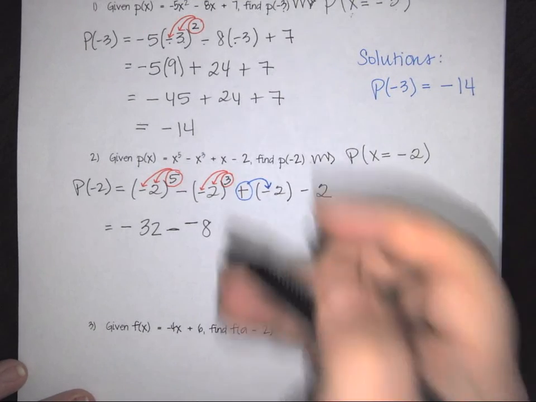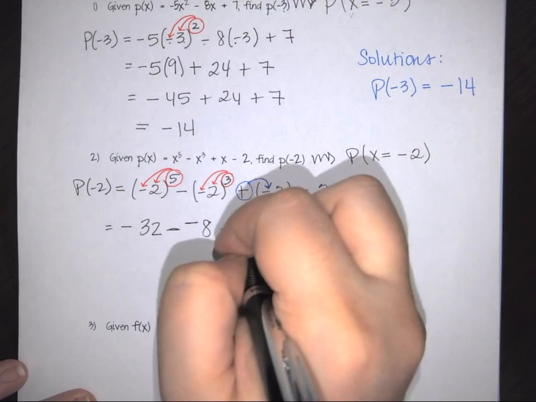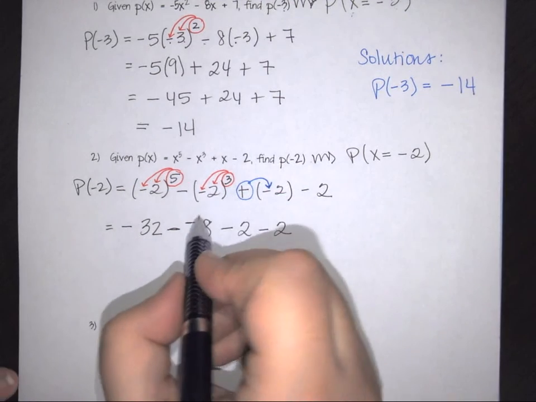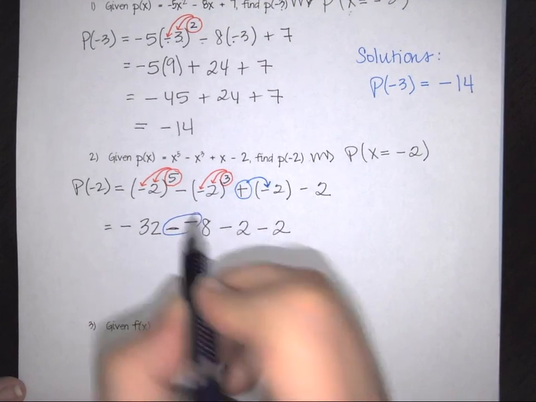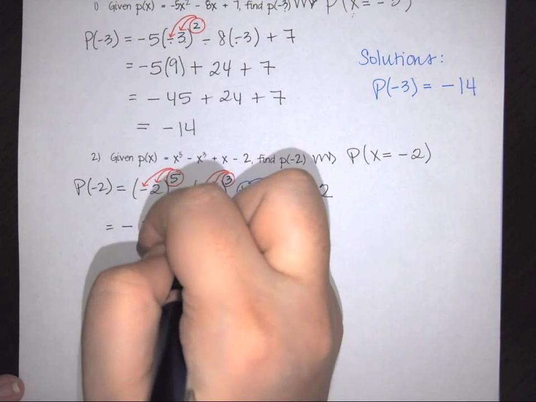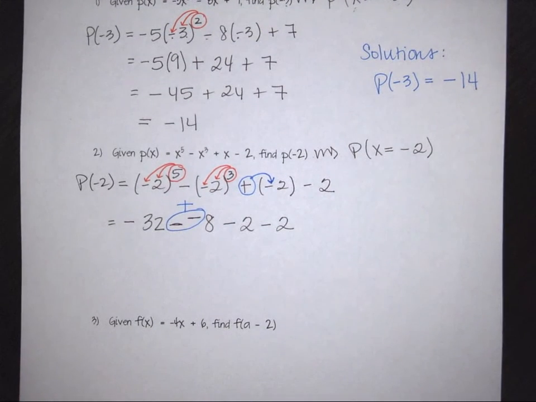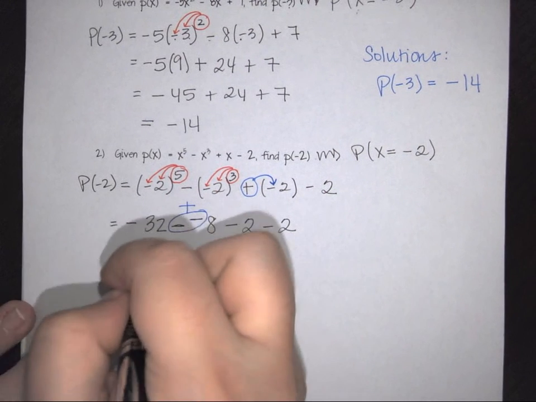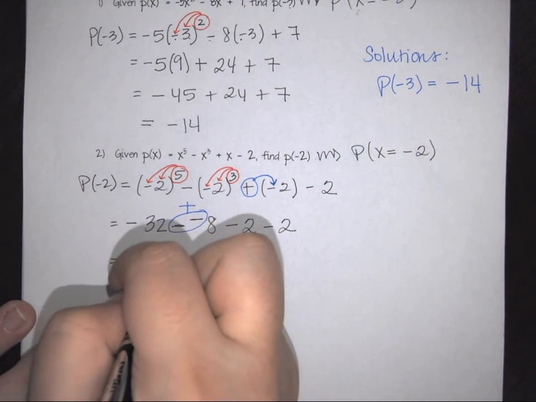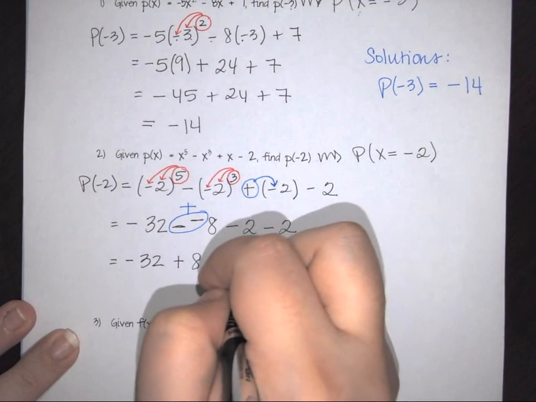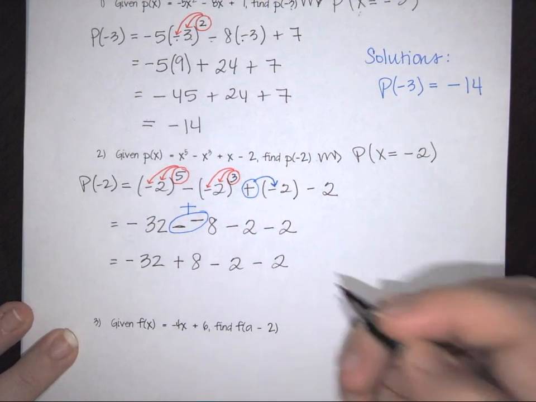So positive and negative gives me a negative 2, and then minus 2. When we're talking about negative of a negative, remember that changes to become a plus. So here we have negative 32 plus 8 minus 2 minus 2.